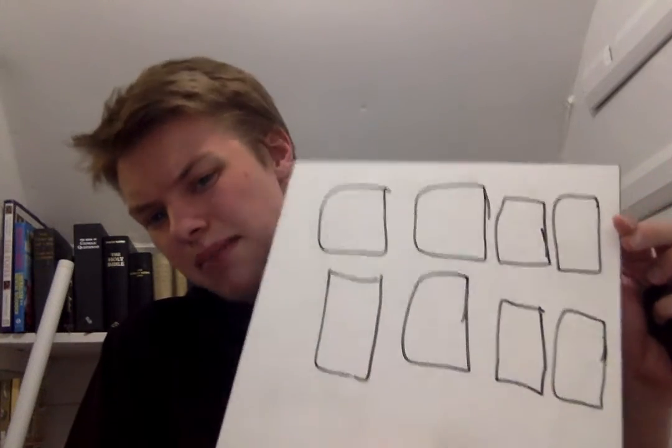It's 40. So we now know that each one of these 8 boxes is going to have a 40 in it. All right. So we know that 3 of those equal 120, but let's put 40 in all of them because we want to know how many people are in this entire town.